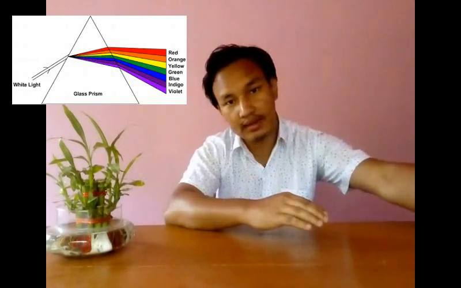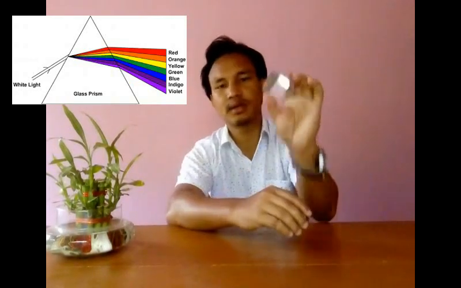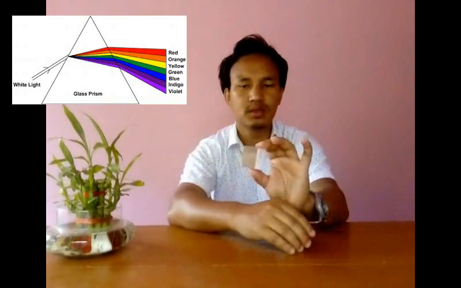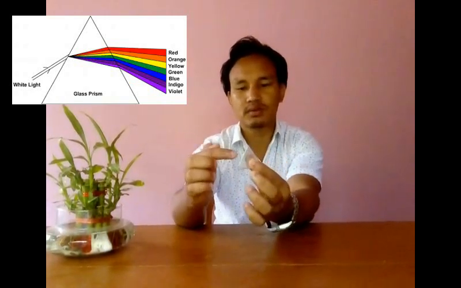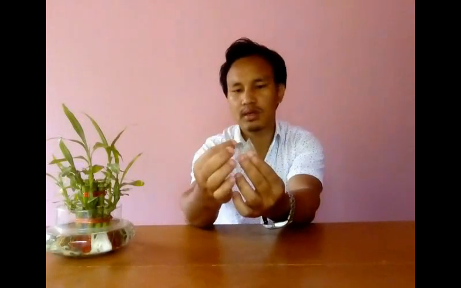Once again I have brought the prism. When light falls on it, you can make a very thin band of light or a very small speck of light and allow it to fall here. Then on the other side you will find that it splits into 7 colors. Of course, you may not be able to see it with all the light around you.